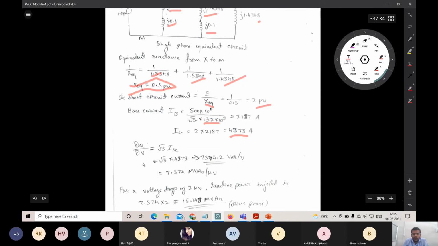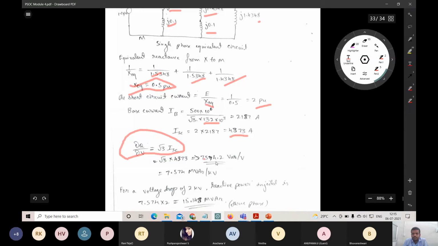That will be given by dou Q by dou V is equal to √3 ISC. This is the standard formula. √3 is there, ISC is 4373. That gives 7574.2 VAR per V. If you want to calculate for MVAR or kVAR, do the mathematical adjustments accordingly.